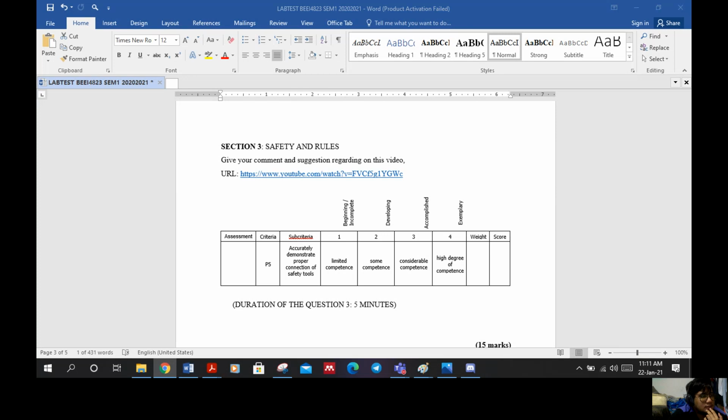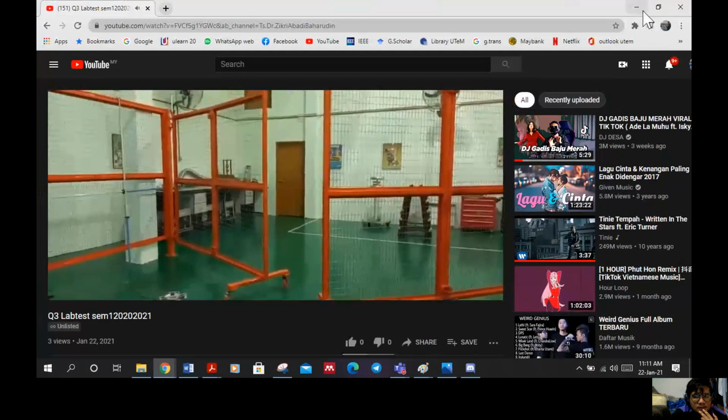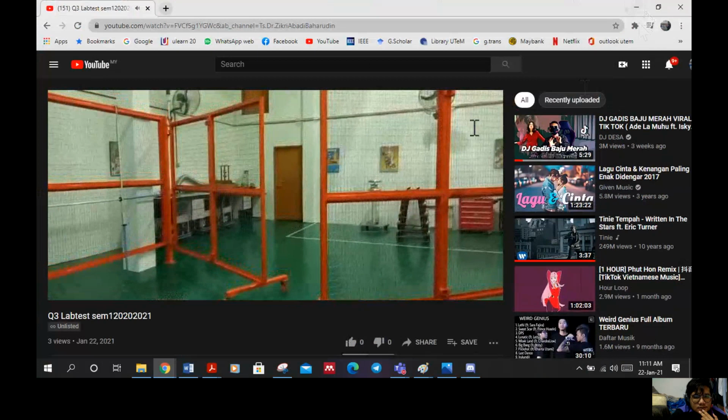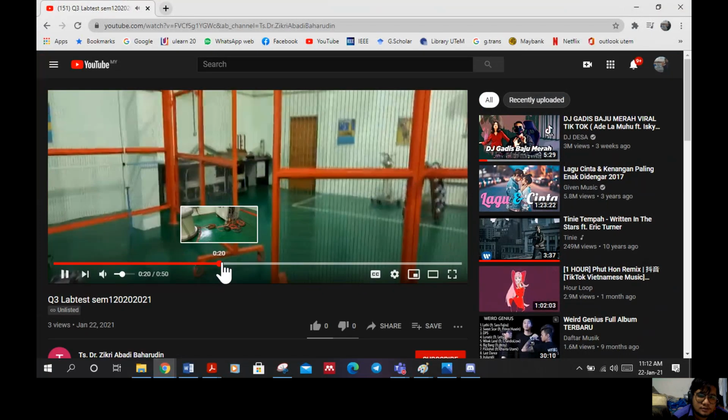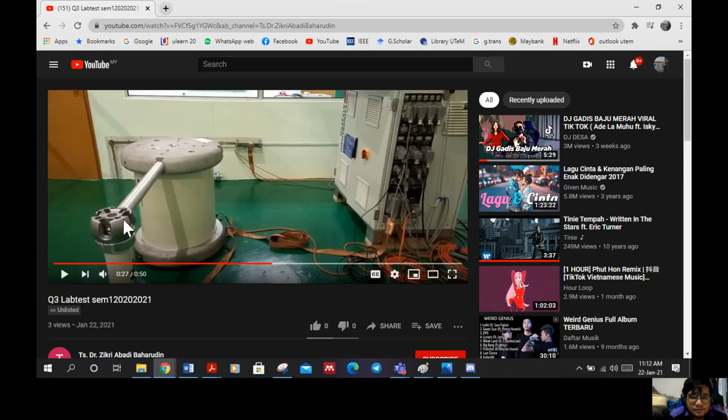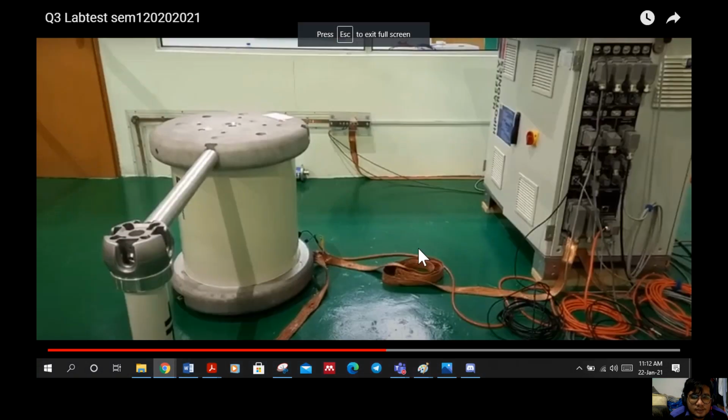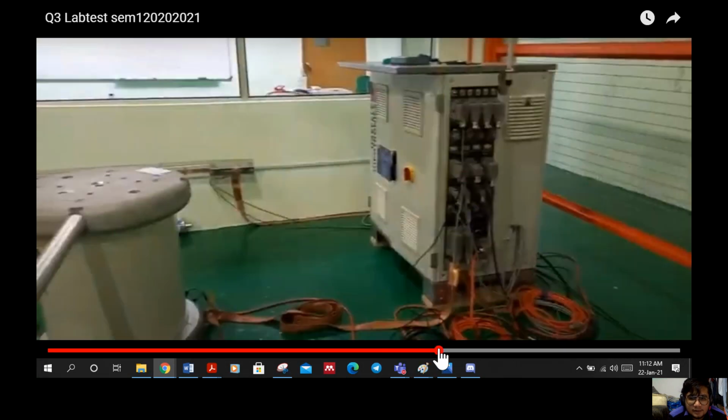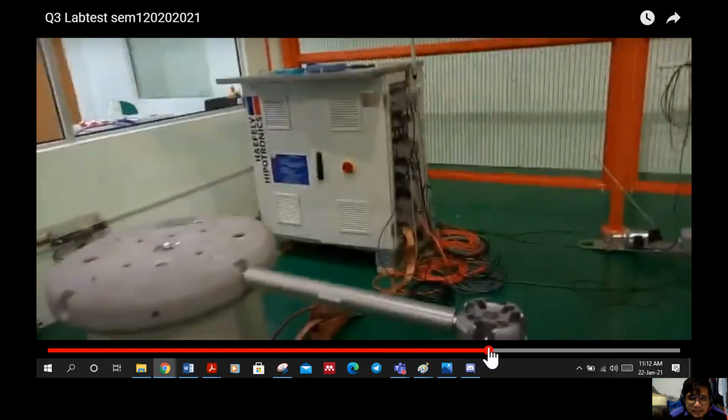Okay, from this video you can see the safety is not enough, and then the grounding, planning, and the caging are intact to the safety place.